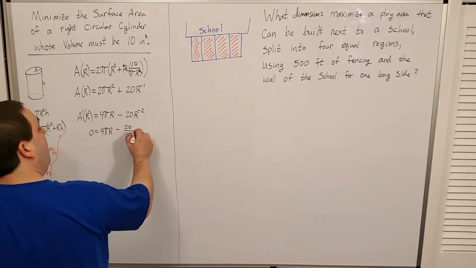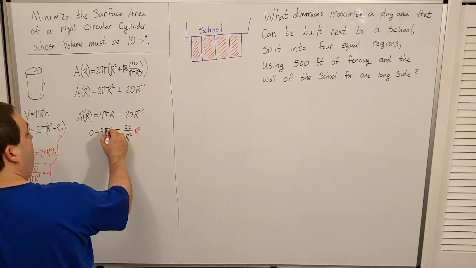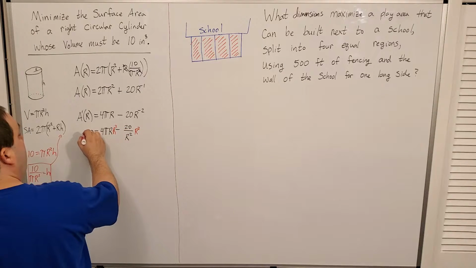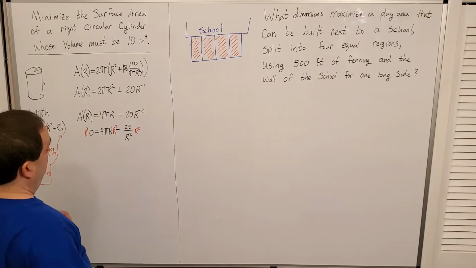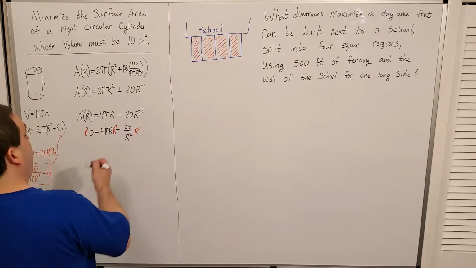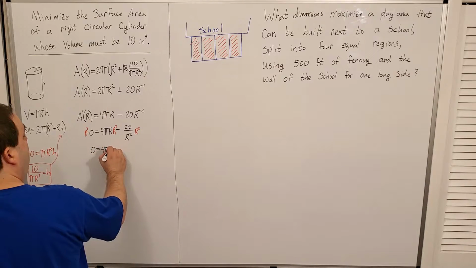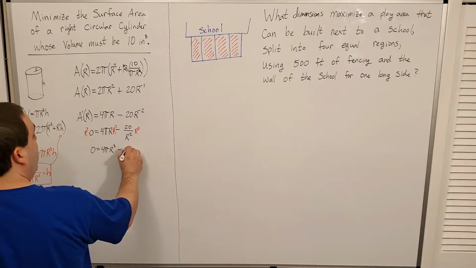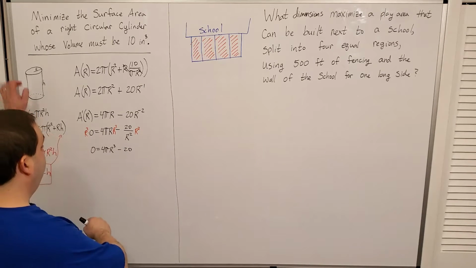If I multiply by r squared, these will eliminate. Multiplying by r squared here will just combine it with the other r. And multiplying r squared here will still be 0. So all that'll do is help me out solving wise. I'll have 4 pi r cubed minus 20, which I can now easily solve for r.